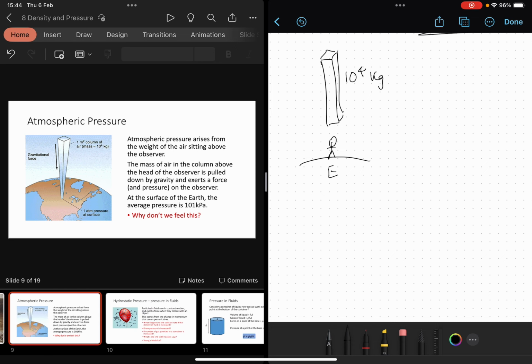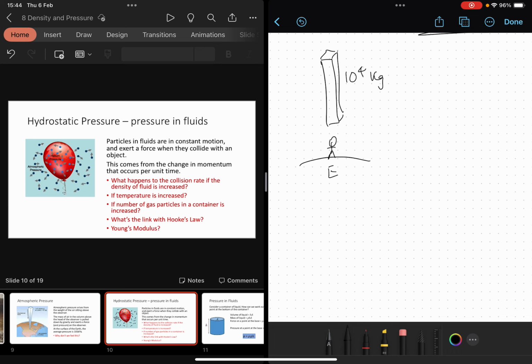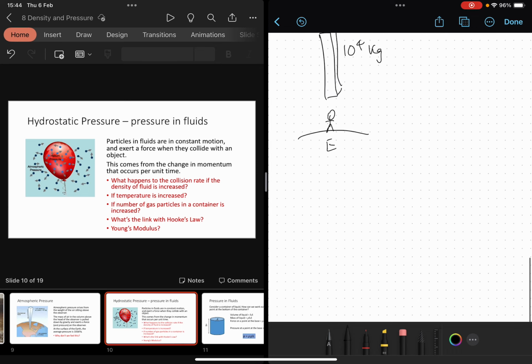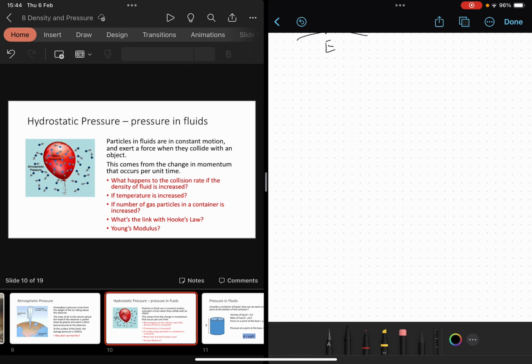The other kind of pressure we sometimes refer to as hydrostatic pressure, and it's the pressure associated with a fluid. Now, you could argue, well, the atmosphere is a fluid. Why is that not called hydrostatic pressure? It's no different. It's just that we need to distinguish between it and other types of pressure often.